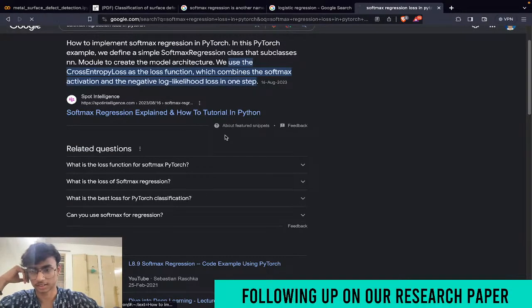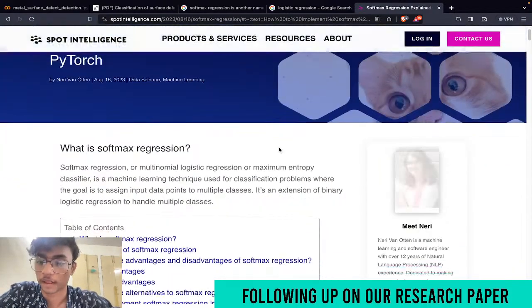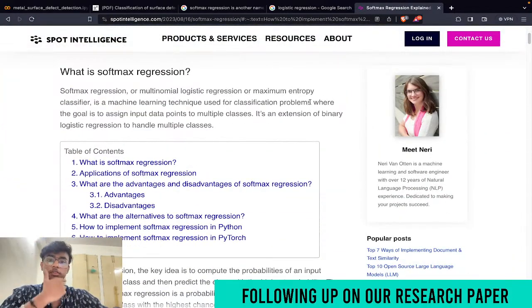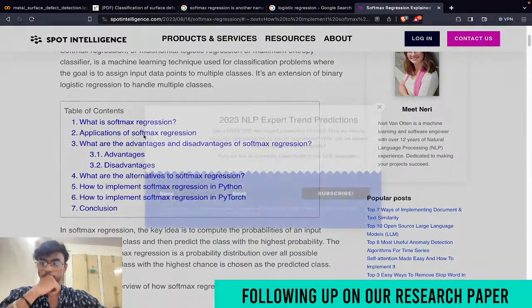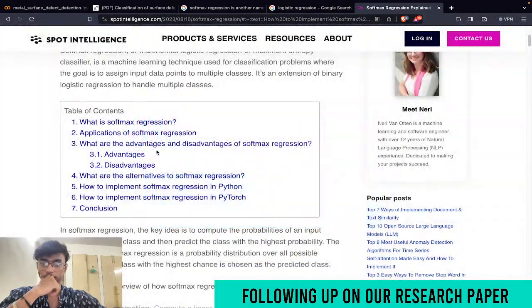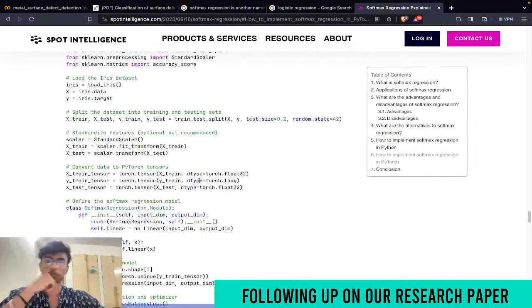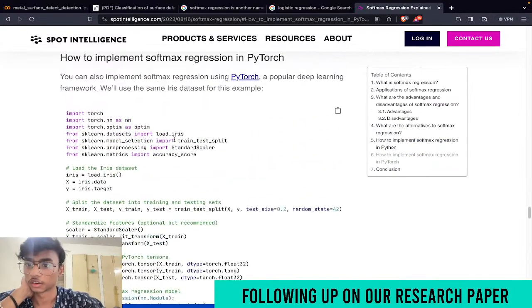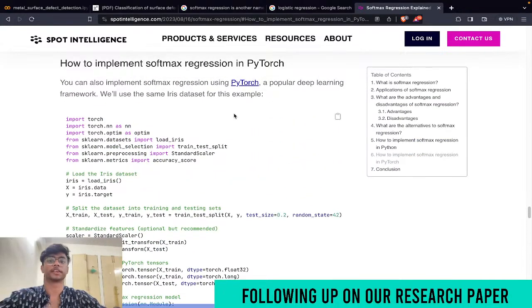Yes, I'll read this one just to make sure. You have to implement softmax regression in PyTorch.